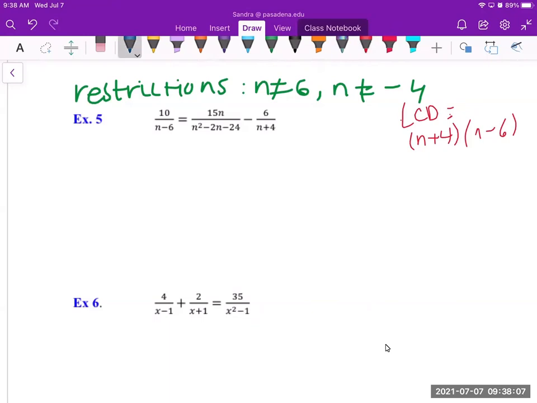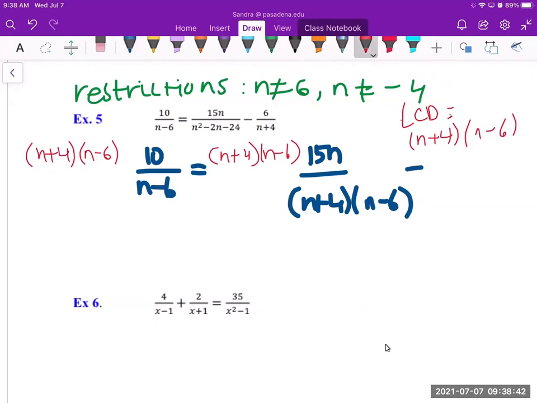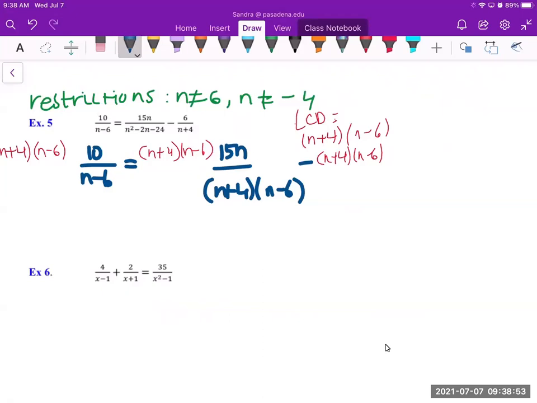So I'm going to copy 10 over n minus 6, and multiply it by the LCD, n plus 4, n minus 6, equal to, let me copy my LCD, n plus 4, n minus 6, multiplied by my fraction 15n over, we said we were going to put it in factored form, n plus 4, n minus 6, minus my LCD, n plus 4, n minus 6, multiplied by the other part, 6 over n plus 4.